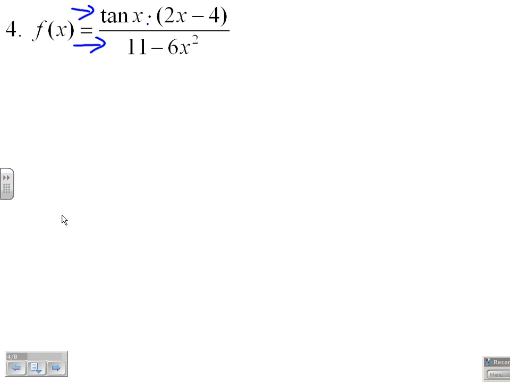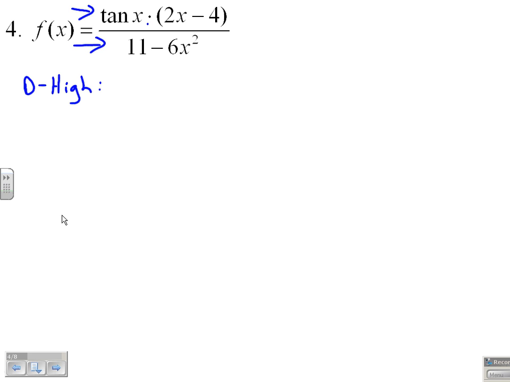So I'm going to organize this by just first finding my derivative of the high function. So derivative of high function, this is a product rule. And if you refer back to problem number 2, we go through the formula for product rule. I want to take the derivative of first, and the derivative of tangent is just one of those things we need to know.